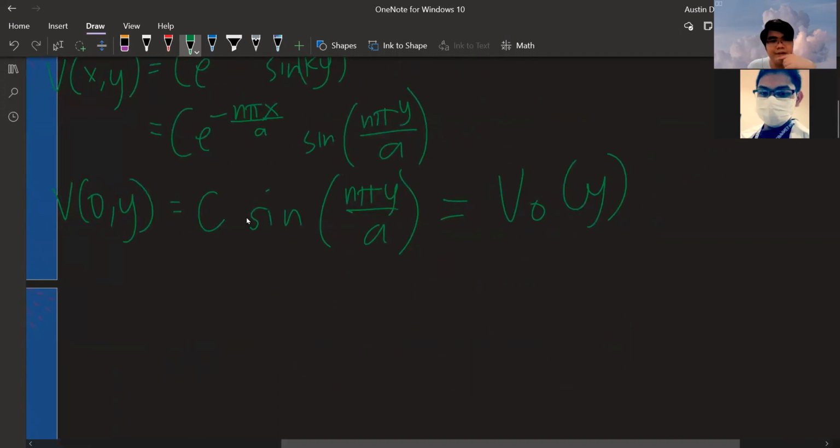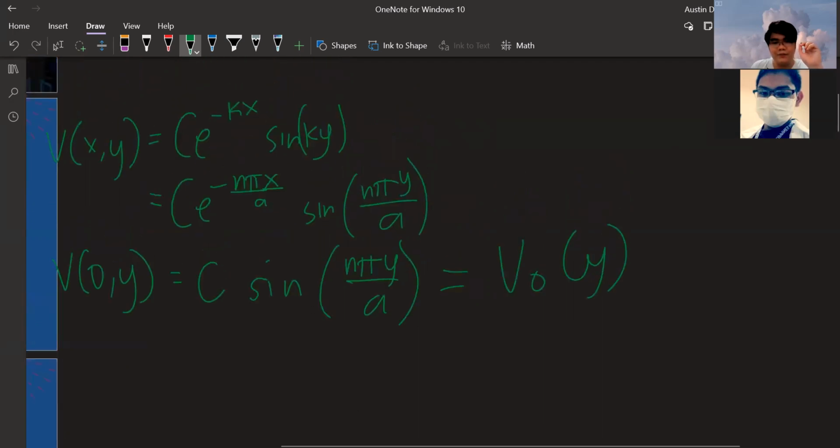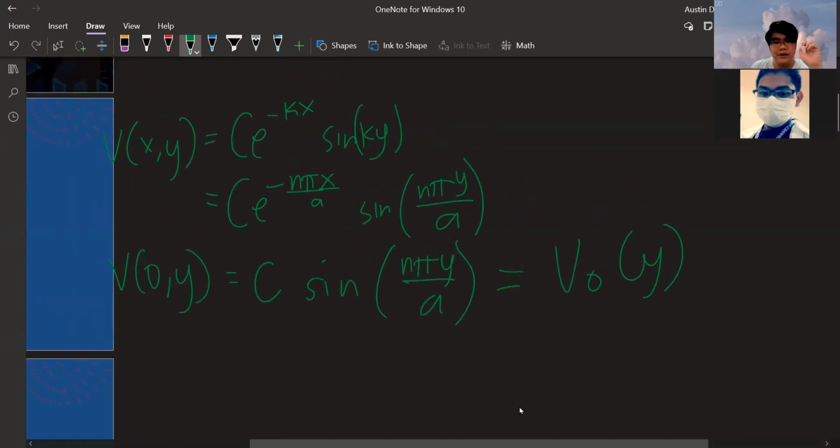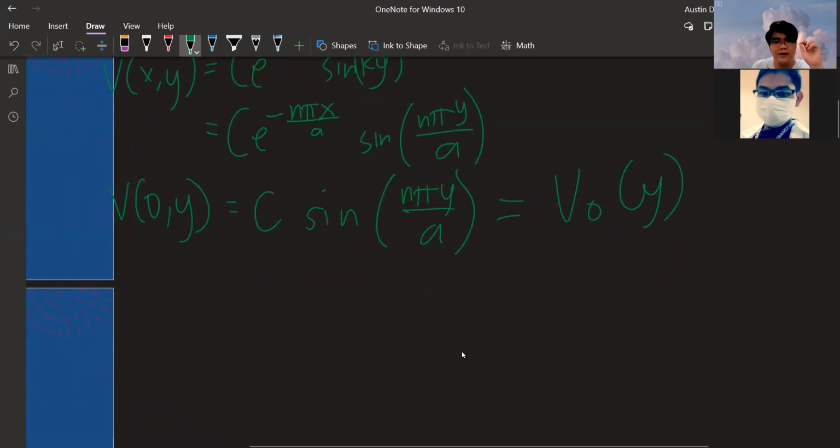Okay, since may problema pa tayo isang constant, kailangan natin mahanap yun. However, let's look at this. Si sine mo, yung values niya pwedeng maging sine 0. Pwede siya maging sine pi y over a.